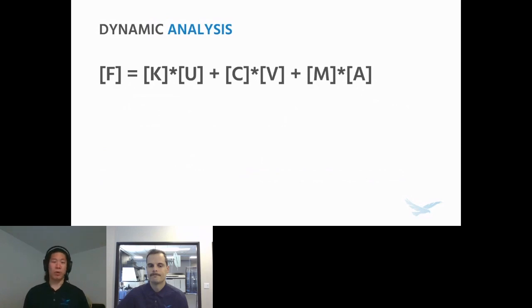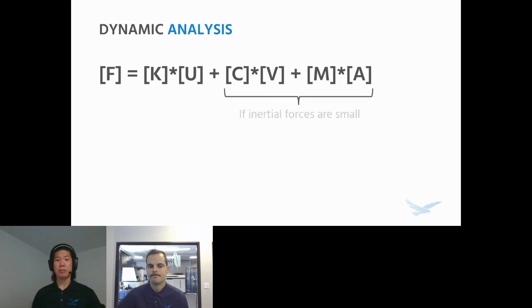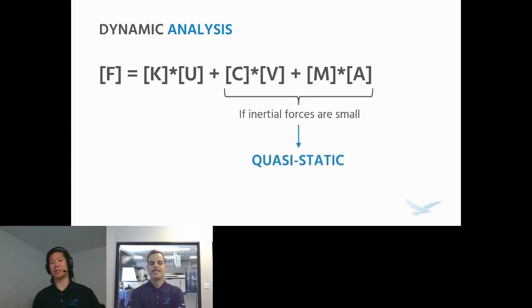Now, what if you're doing a static problem? The thing you're analyzing is static. Well, we can still use a dynamic analysis. And if we keep those inertial forces small, say 1% or so, then we have what we call a quasi-static solution.